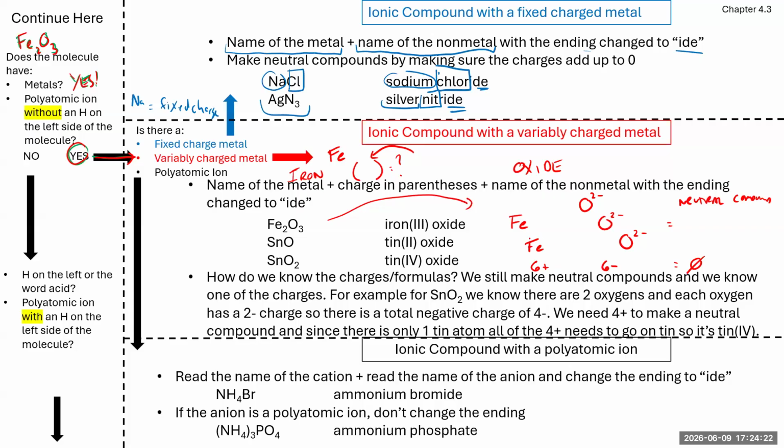Since we have 2 irons, we have to have a 3 plus on each of them. 3 plus plus 3 plus is 6 plus. 2 minus, 2 minus, 2 minus is 6 minus. That makes 0. So because this is a 3, that's now iron 3 oxide.